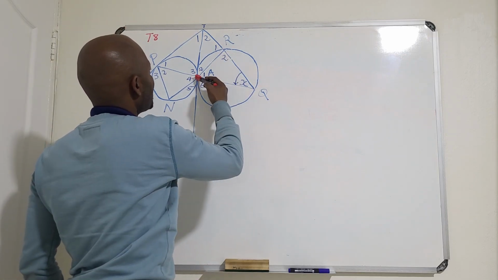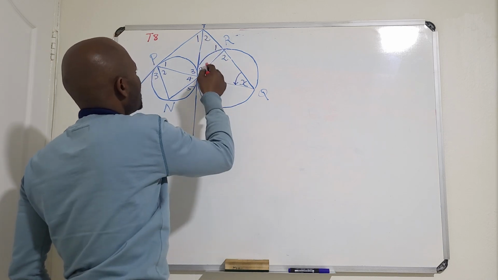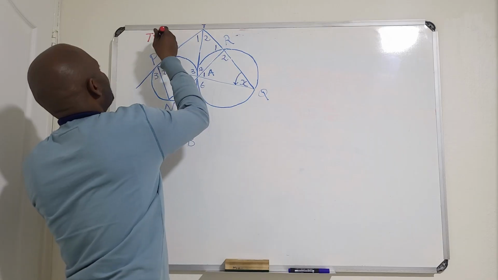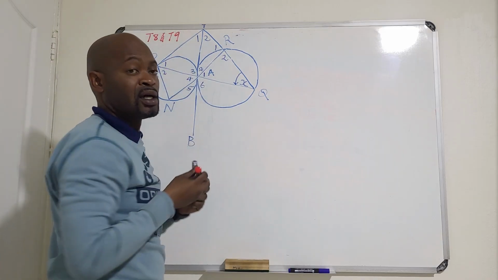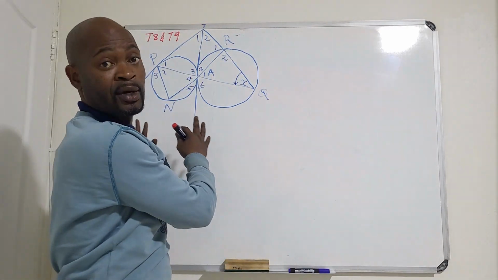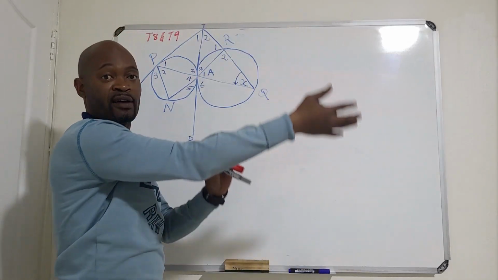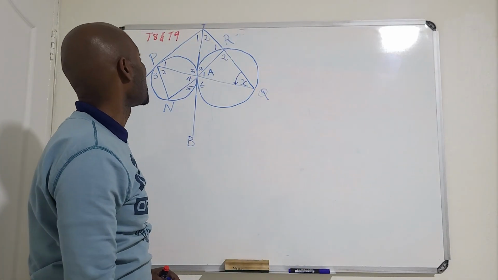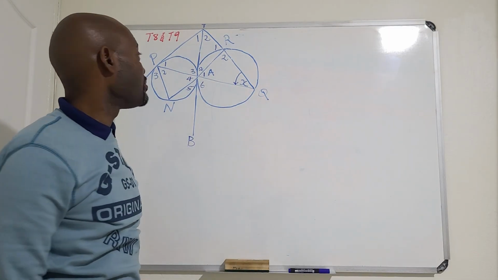It is subtended by this chord, and this chord made an angle with this tangent. Therefore, yes, theorem number 9. So we've got theorem number 8 and theorem number 9 in this problem, together with what we have learned in part 1. Together with what we have learned in part 1, we are going to solve this problem.